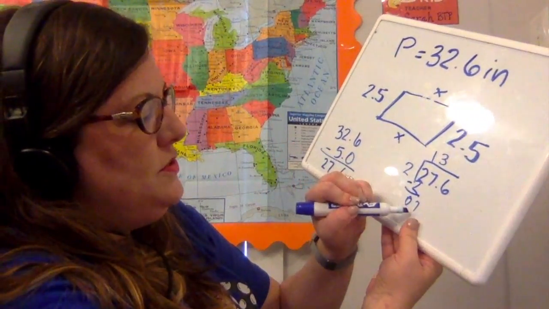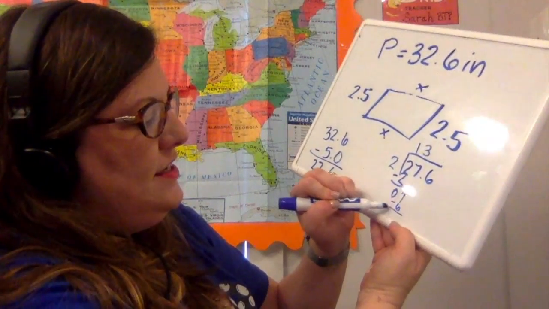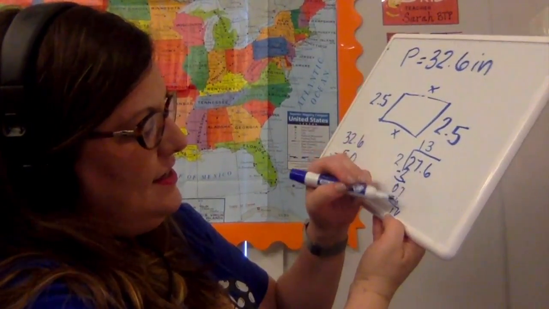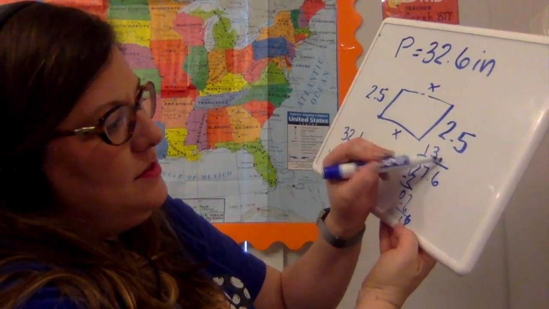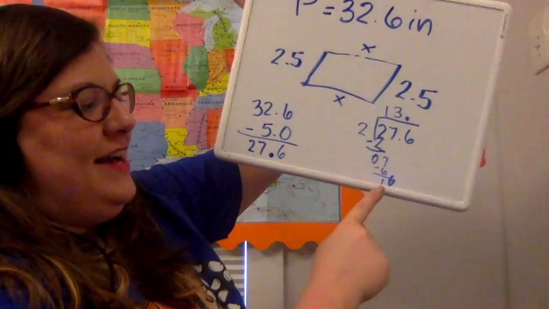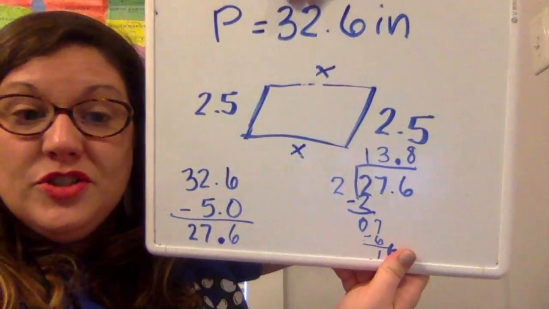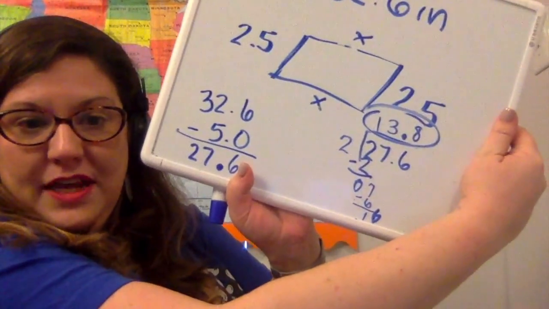Multiply. 3 times 2 is 6. Subtract. Leaves 1. Bring down our 6 and bring up our decimal. 2 divides into 16. I know, I'm running out of room here. 2 divides into 16 8 times. 8 times 2 is 16. There's no remainder. So I get, when I divide by 2, 13.8.